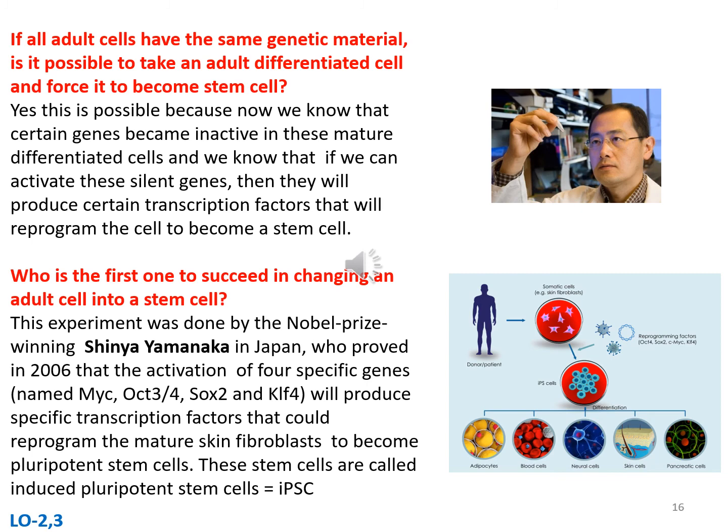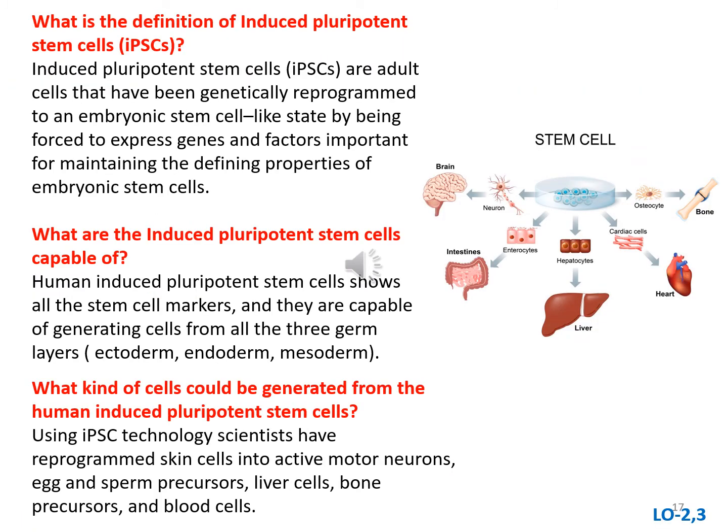These are called induced pluripotent stem cells. So what are these? These are adult stem cells that have been genetically reprogrammed to an embryonic stem cell-like state by being forced to express genes which were silent and factors important for maintaining and defining the properties of the embryonic stem cells.